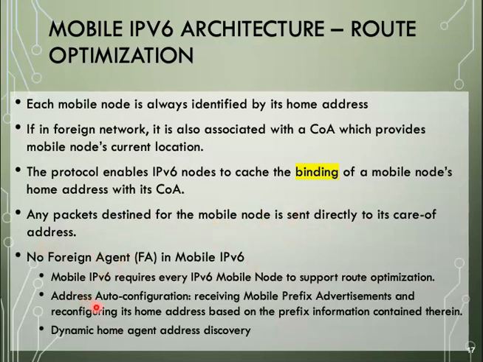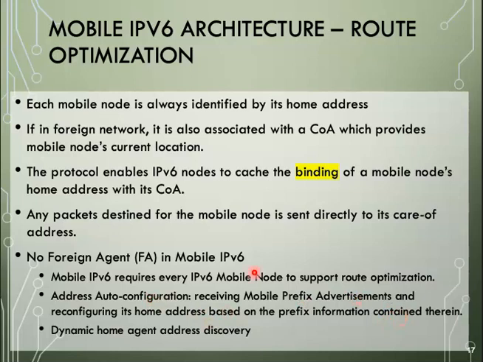And for this mobile IPv6 architecture, there is no foreign agent, and it requires every mobile node in IPv6 to support route optimization. It also has address auto reconfiguration, where it receives a mobile prefix advertisement and reconfigures its home address based on the prefix information contained in that packet.